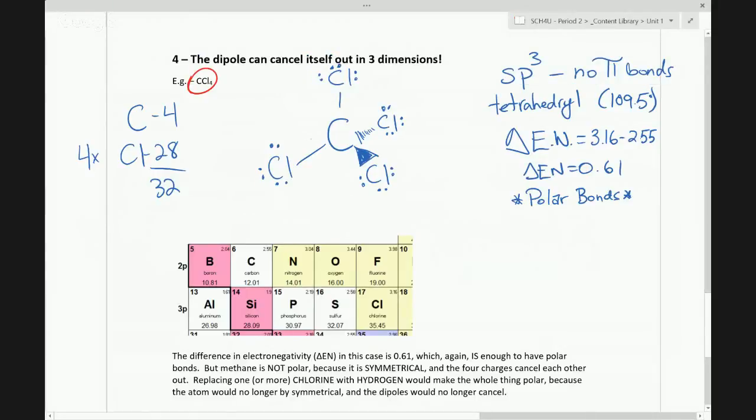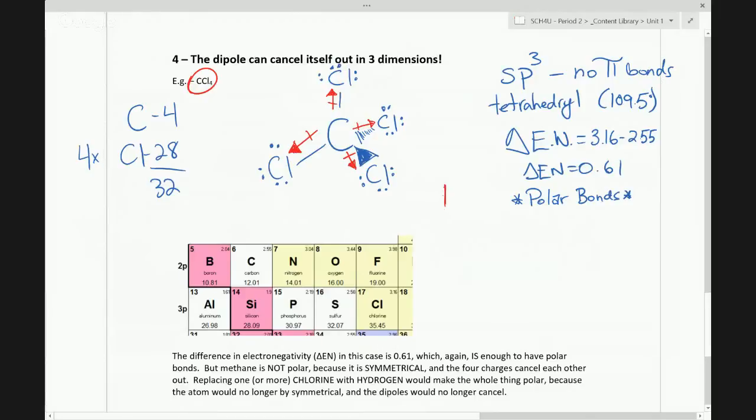So we have one dipole here because the electrons are going to spend more time with chlorine than they do with carbon. We have another dipole here because, again, more time with chlorine. We have another dipole here down towards this chlorine. And we have a final dipole here down towards this chlorine. And it's a little awkward to draw these, but if you put them together, you'll see that, again, they're perfectly symmetrical.